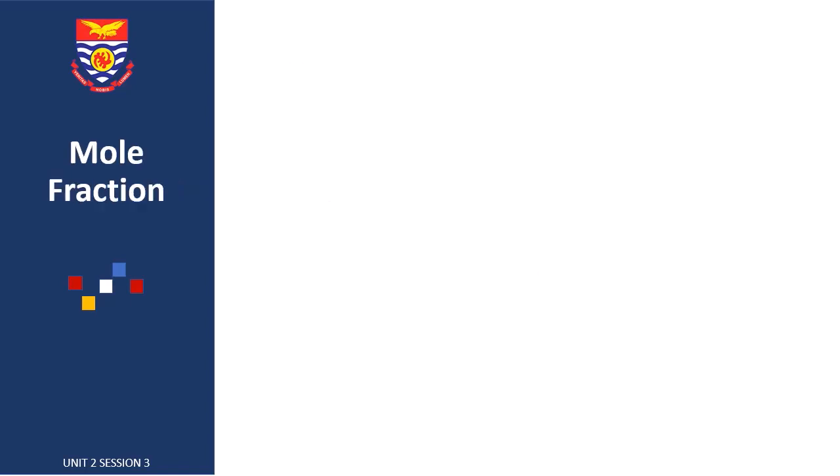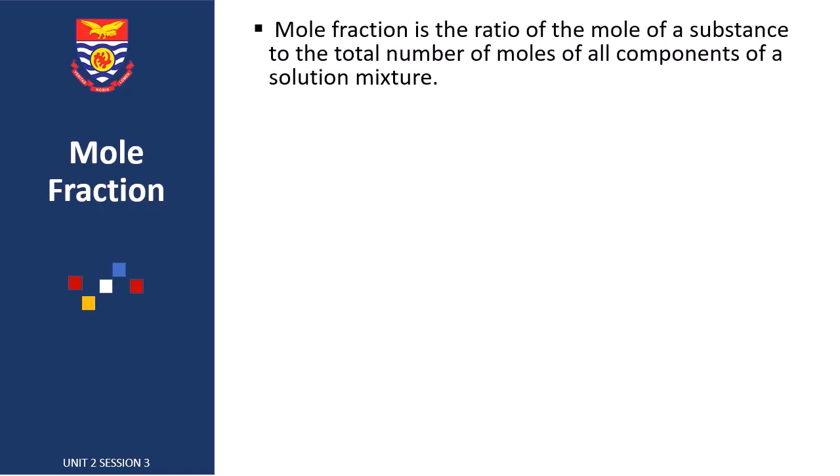Next is mole fraction, and here we are referring to the ratio of the moles of a substance to the total number of moles of all components of a solution. So here we'll be dealing with moles. Whatever the question is, we first have to find the moles, and then we can proceed.